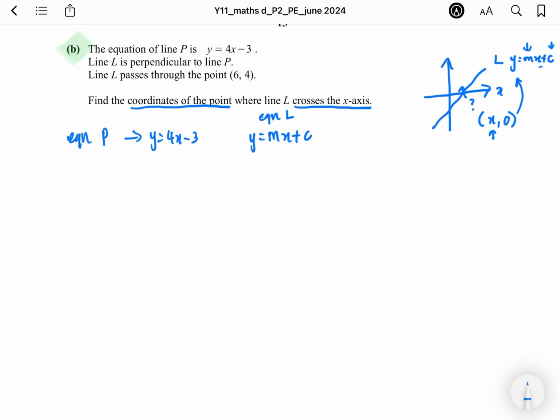We can find M by the fact that L is perpendicular to line P. That means for equation P, M is equal to 4, which is the coefficient of x. And if it's perpendicular, that means for equation L it is the negative reciprocal.